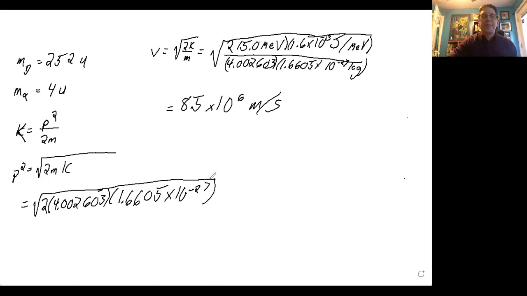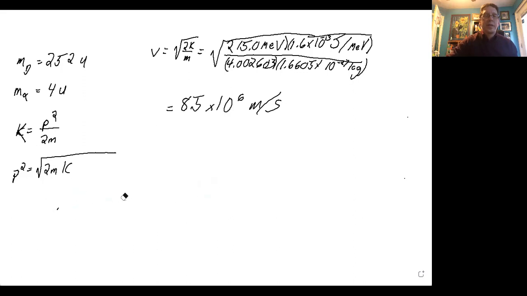Actually, we know that the magnitudes of the momentum are the same for both objects.